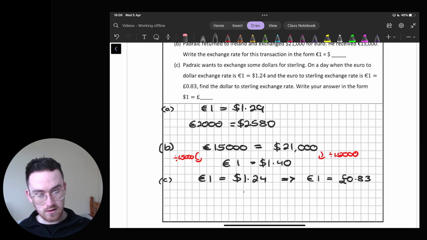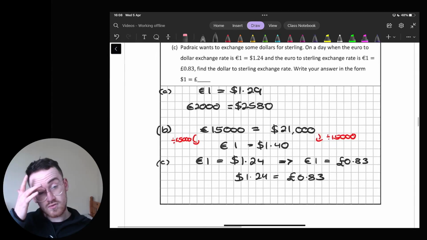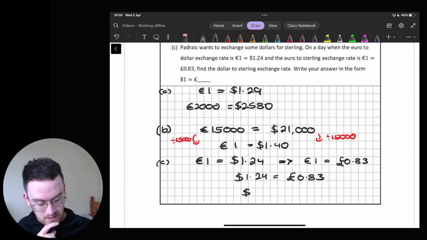So putting those together, $1.24 is going to have the value of 0.83 pounds sterling.